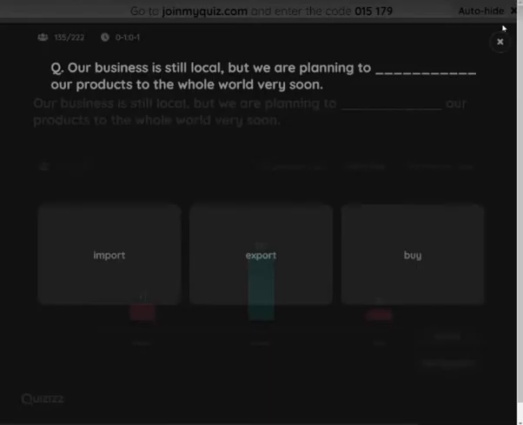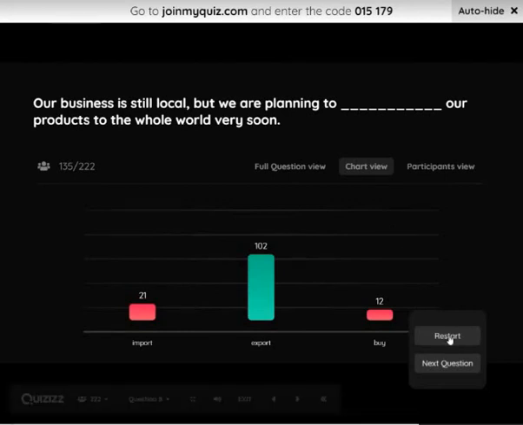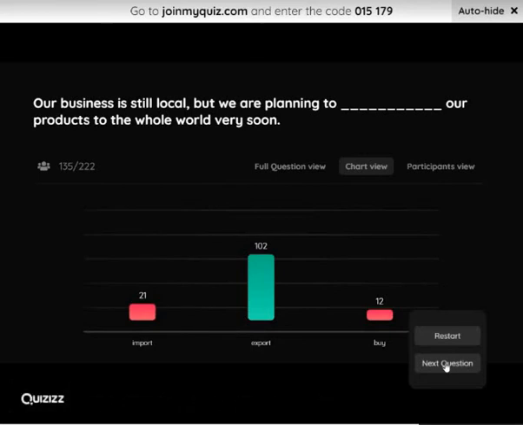Of course, the answer is export. Well done. The answer is export. You take the product and the goods that you have, and you sell them to other countries. That's export. Next question.